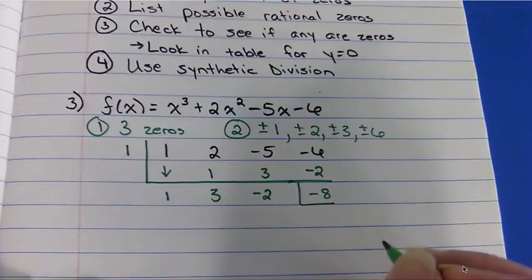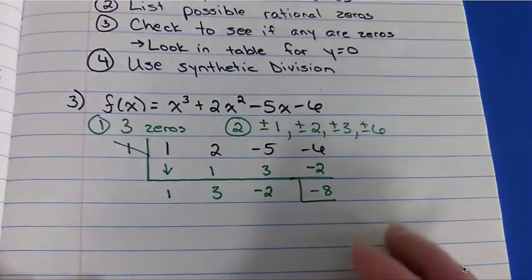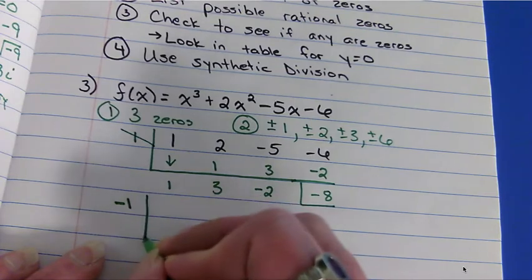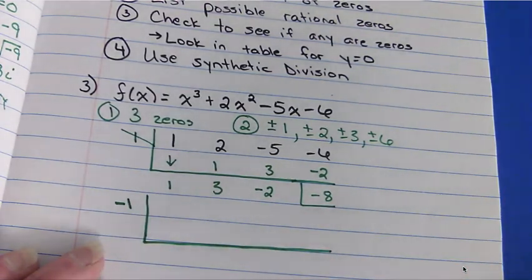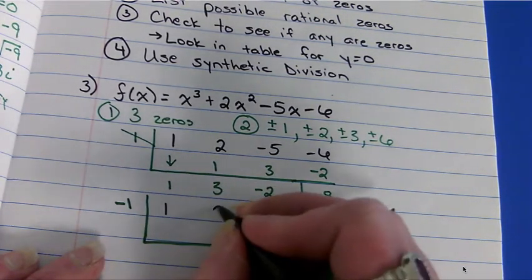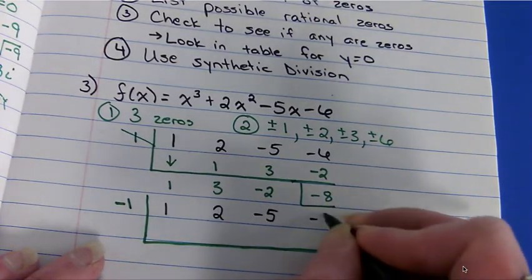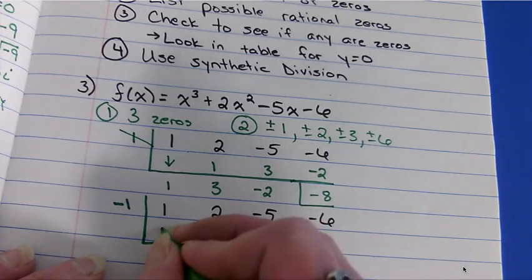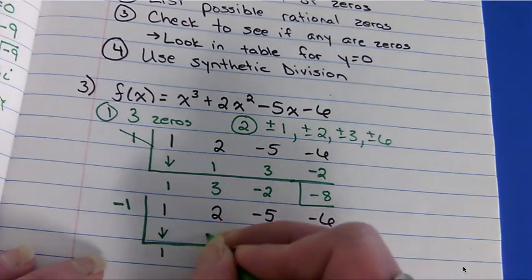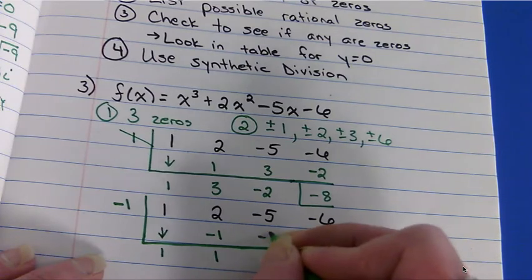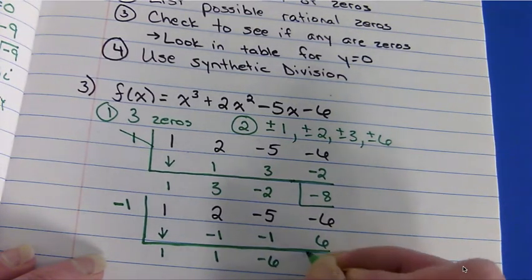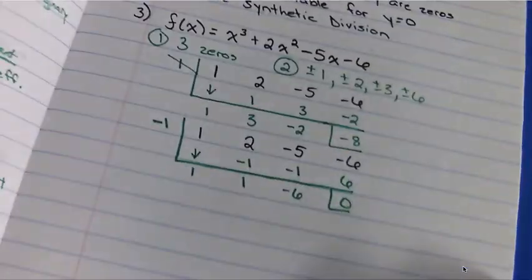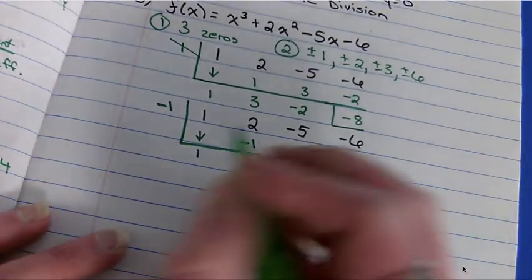I have a remainder of negative 8, so this is not one of my zeros. But negative 1 is.